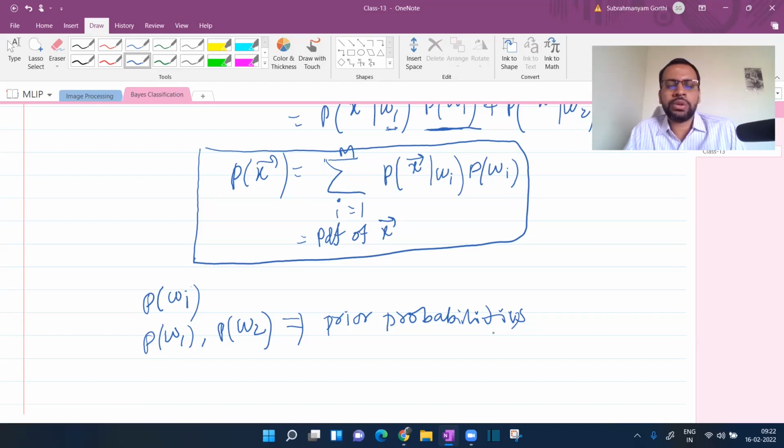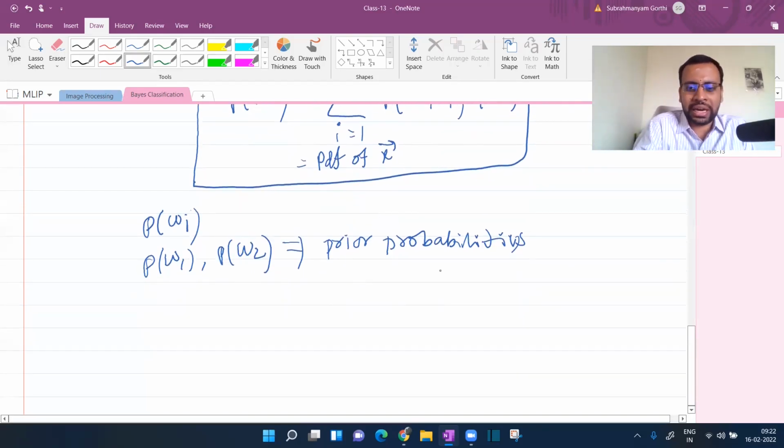Now let us move to a generic example where I have only given you training data.